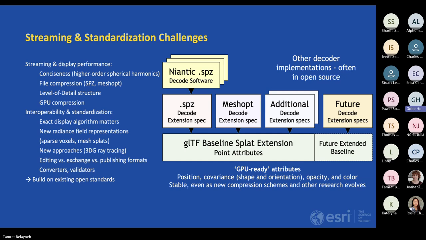This is similar to the other compression that we have had in glTF. If you have glTF, you can have Draco compression. You can have meshopt compression as well. Different compressions that work on the compression level. And here is a similar structure where the compression is detached from the actual splatting encoding, again allowing more interoperability and standardization by building on existing open standards.